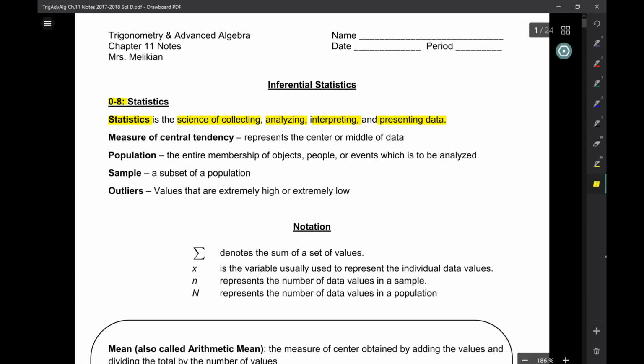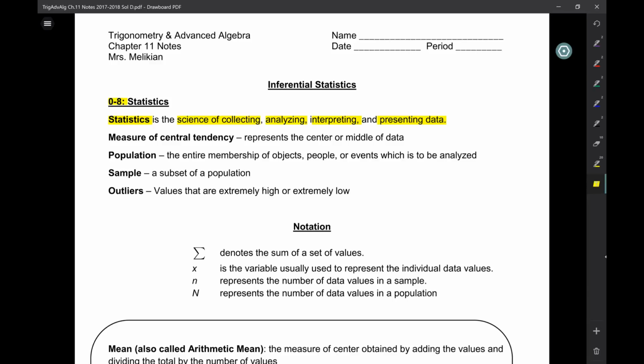Okay? So basically, anytime there's a survey, anytime there's a poll, anytime there's a study, anytime there's an experiment, right? You have data, like a basic run-of-the-mill experiment in a classroom, whether it's a chemistry lab, a physics lab, a biology lab, you've got data. And then what do you do with the data?